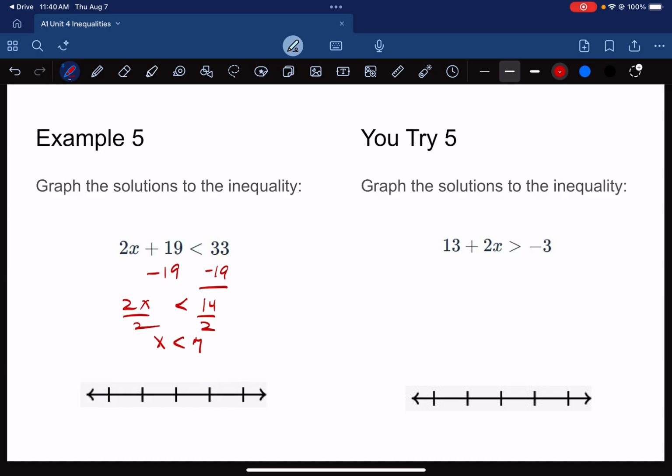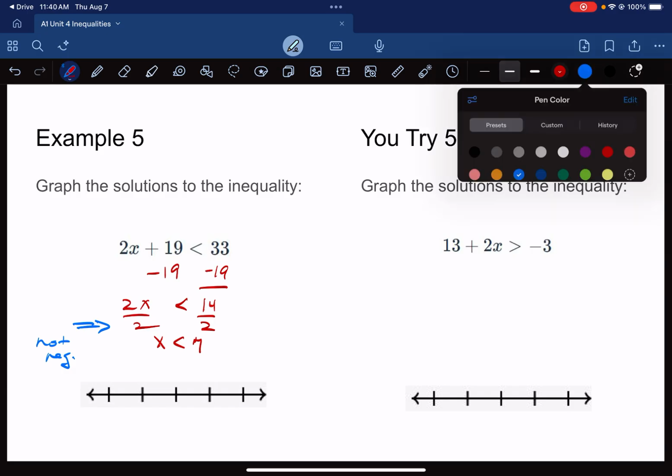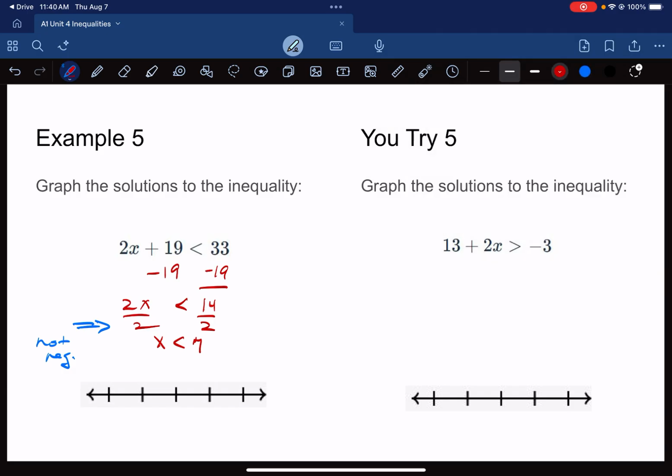No, my 2 was not negative, so I'm going to leave my inequality sign the same. And then I'm going to graph it. So I'm going to go over here to 7, with 6 and 5 on one side and 8 and 9 on the other, and I'm going to put an open circle. And the x values, it says, are less than 7, so less is to the left.